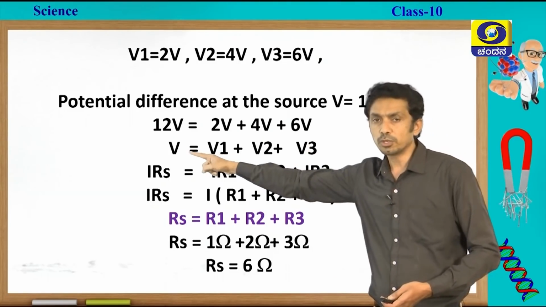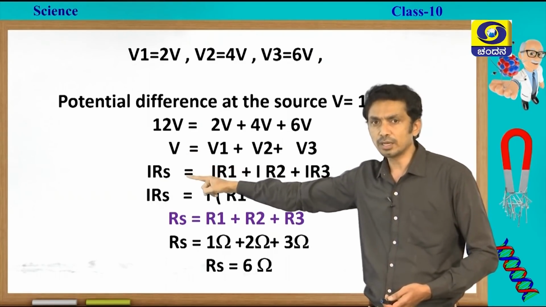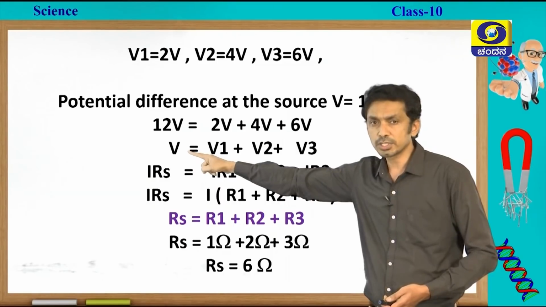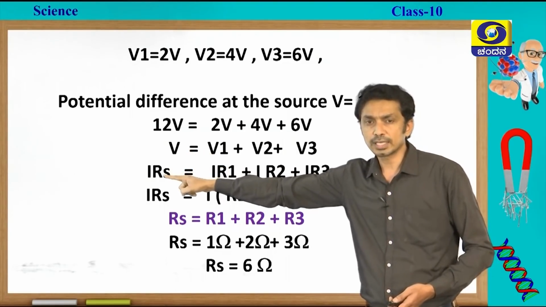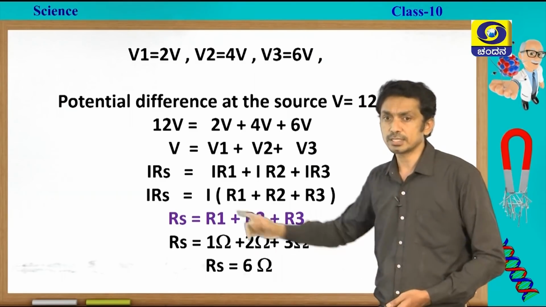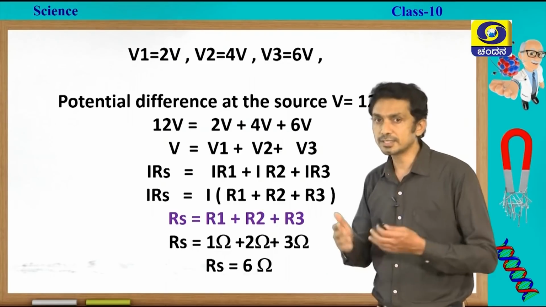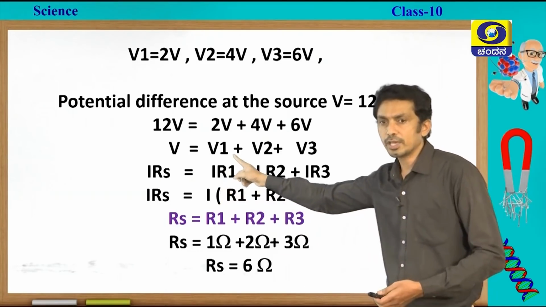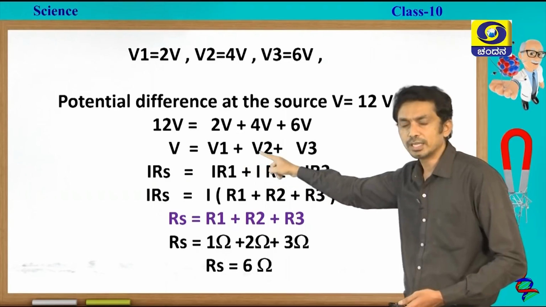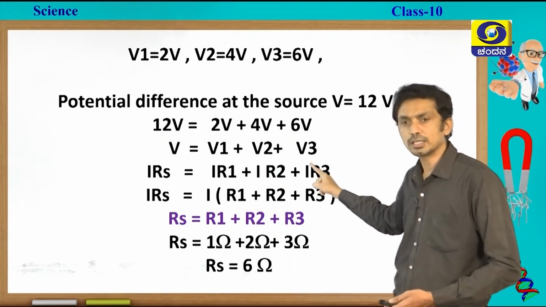Now by Ohm's law we know I into R, right? This is the total potential difference, that is why we have taken total current I and total resistance Rs, that is the equivalent resistance. Rs means equivalent resistance when the resistances are connected in series. So here we have written down I into R1 for V1 by Ohm's law, again by Ohm's law I into R2, and I into R3.